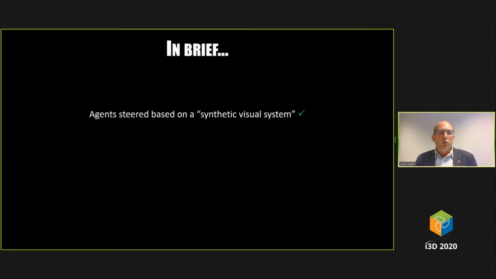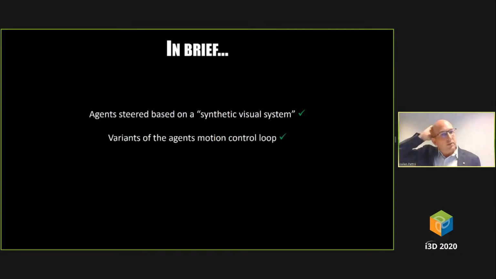So in brief, we could steer agents based on this idea of synthetic visual systems, and we were quite happy with that. And same thing, you can explore variants of this idea in the way you define the rules to control agents' motion.